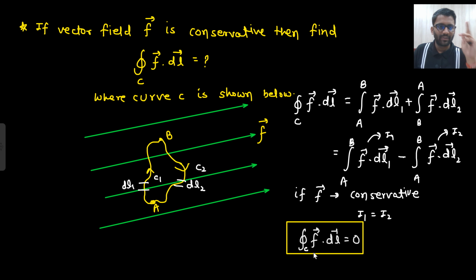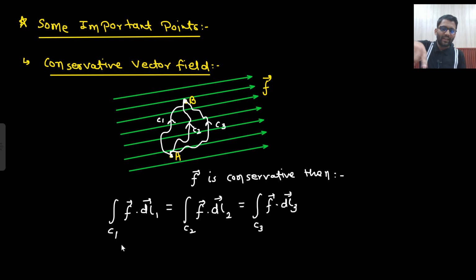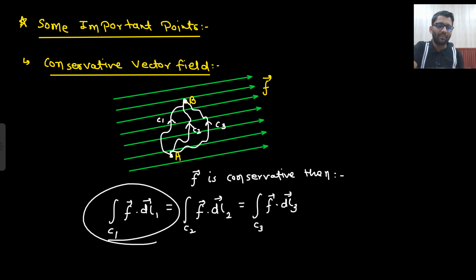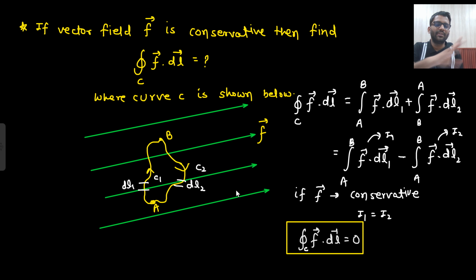We have got two statements now. If your vector field F is conservative, then your open line integration will not depend on the path, and your closed line integration will be 0. Is it obvious as well? I am going from here to here, then coming back, so both integrations will be equal but opposite in sign, so the answer will be 0.